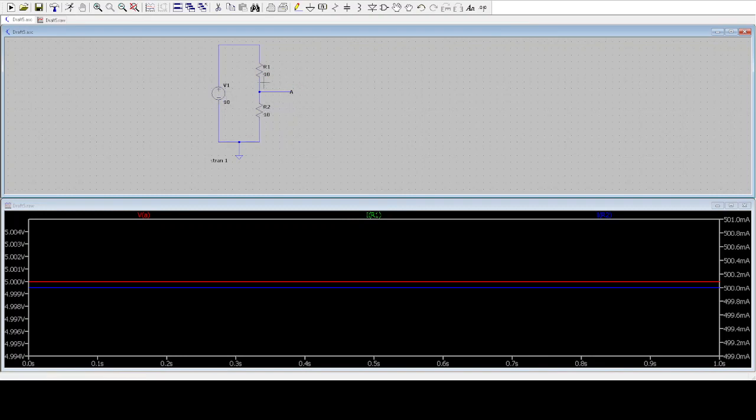With that you get the output voltage here. We also mentioned that if the two resistances are the same, then the output voltage will be half of the input voltage, irrespective of the value of the resistors.